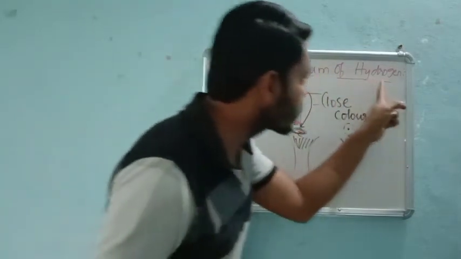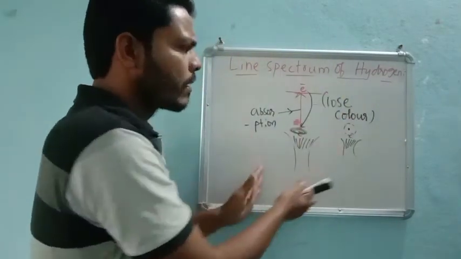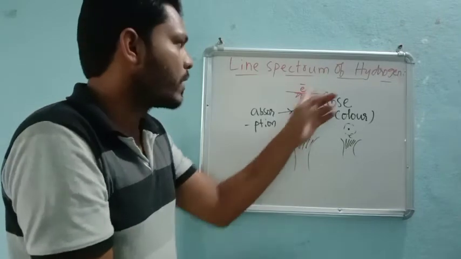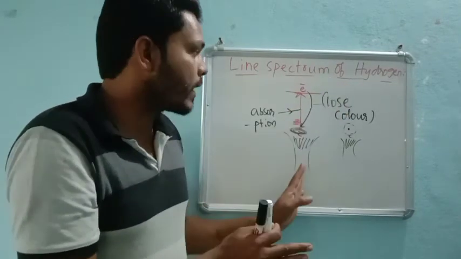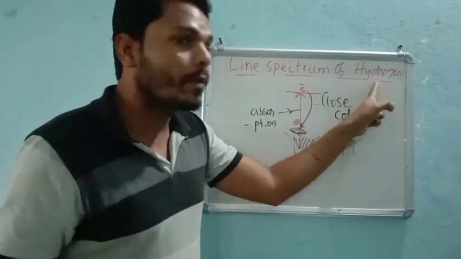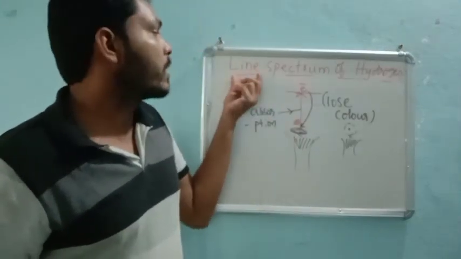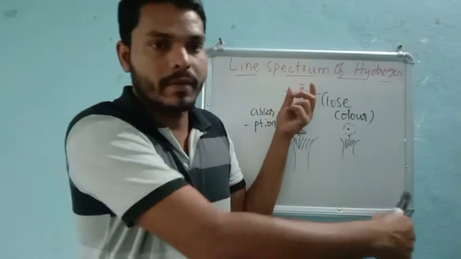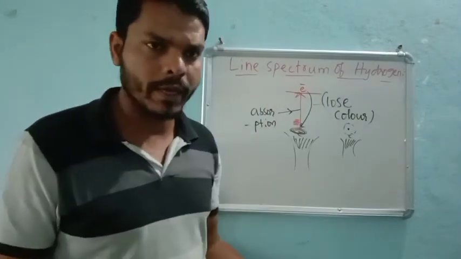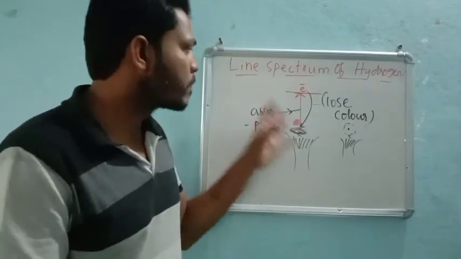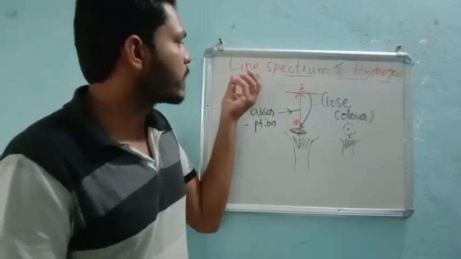But in the case of hydrogen, the same thing, everything I have explained now, is the line spectrum of hydrogen. In the case of hydrogen, while losing the energy, it produces lines, right? The same process applies. I will explain it in tomorrow's class, but you just remember the same thing takes place.